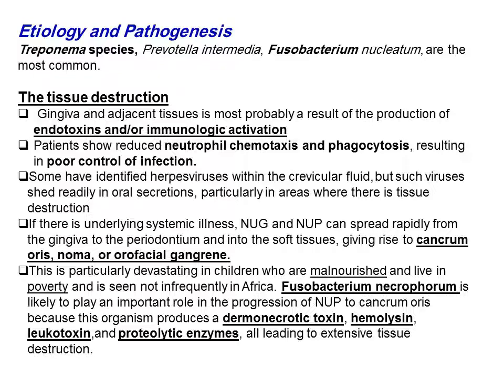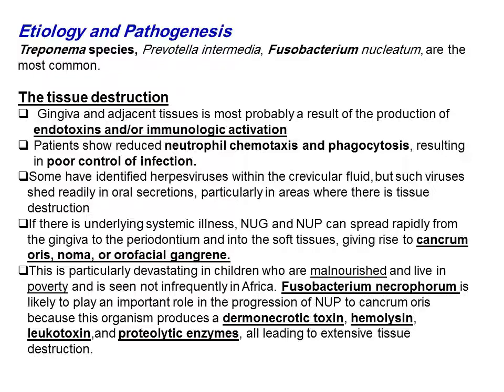In some cases, herpesvirus was identified from the crevicular fluid, but such viruses shed readily in the oral secretion, particularly where there is tissue destruction. There may be an association between necrotizing ulcerative gingivitis, periodontitis, and underlying systemic disease.